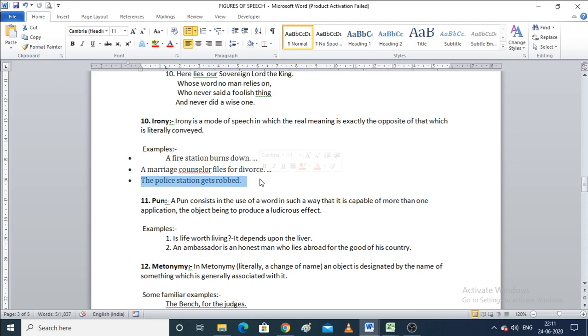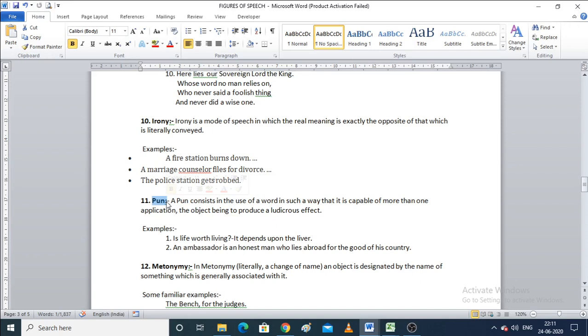Now the 11th one, which is pun. A pun consists in the use of a word in such a way that it is capable of more than one application, the object being to produce a ludicrous effect.